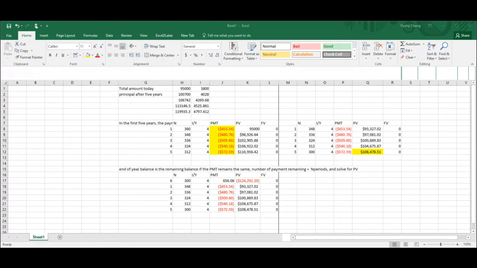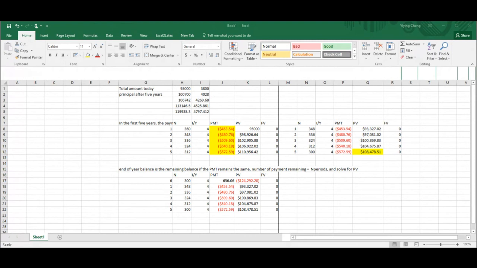Then we repeat the process: use this newly adjusted outstanding balance to calculate the new payment, and then use the new payment at the end of the year to calculate the new outstanding balance at the end of the second year, as if the future payments will all remain 480.76.